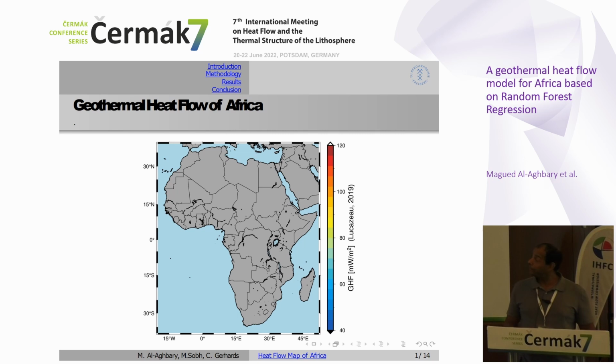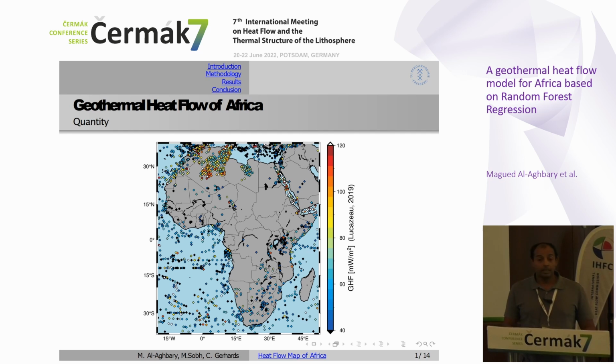That's one thing. The other thing, if we have data, where are they? How are they distributed? You can see that the data we have are clustered, and the data inside Africa is almost empty.